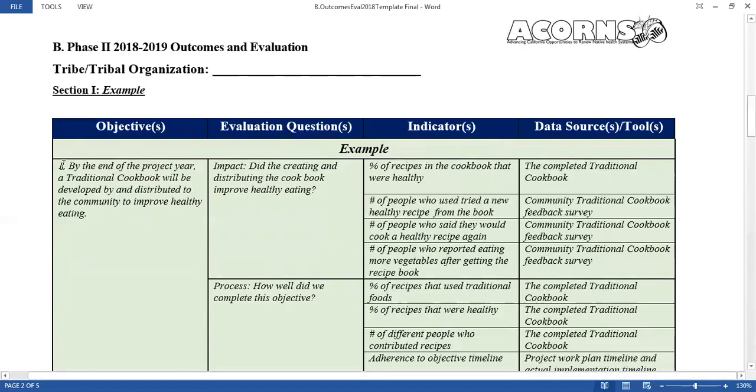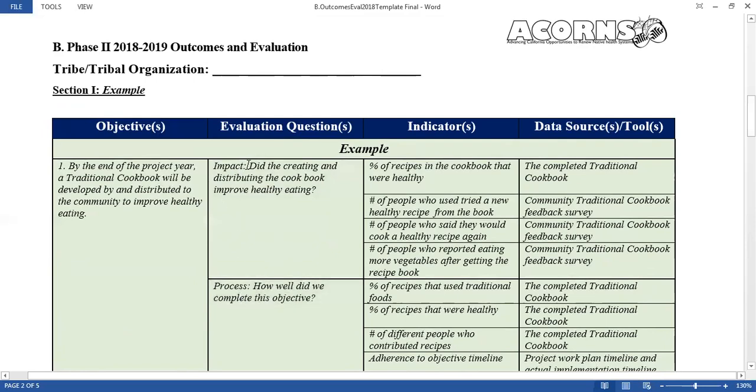So in this example, we use the objective of by the end of the project year, a traditional cookbook will be developed and distributed to the community to improve healthy eating. So there's two types of evaluation questions that you can ask. There is an impact evaluation question, and there is a process evaluation question.